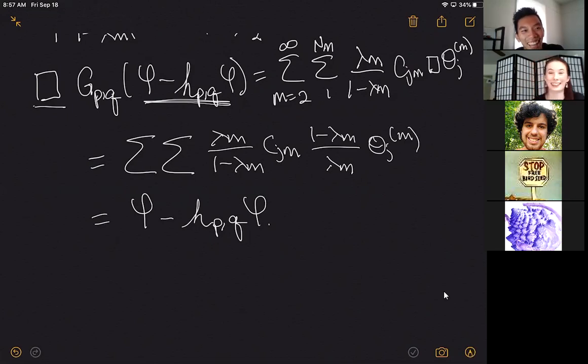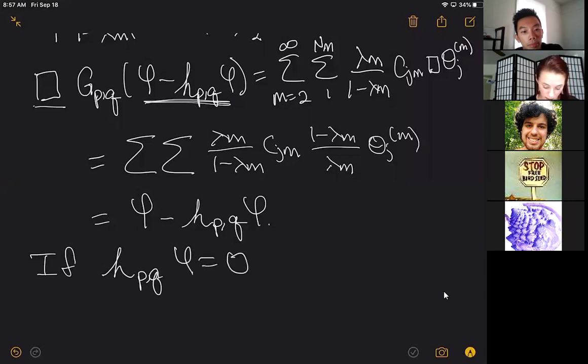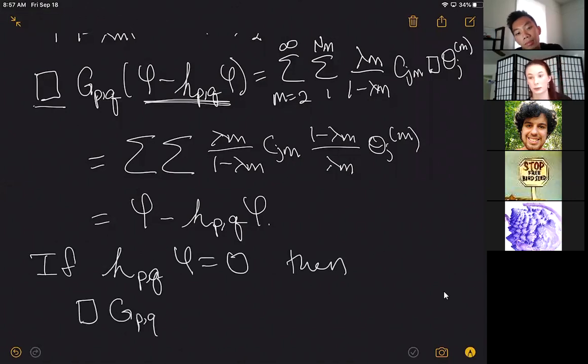I'm not being very precise, but the idea is that once we subtract off this part, or if H sub PQ of phi is equal to 0, then box G sub PQ of phi is equal to phi. And that's what we wanted.